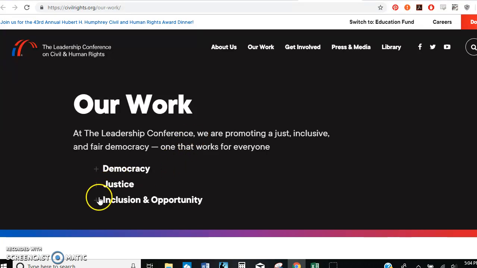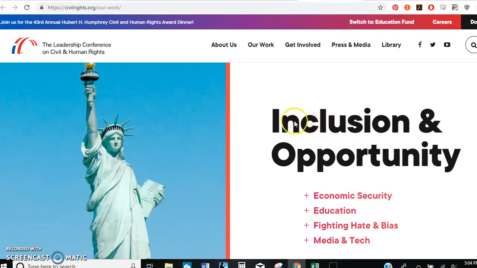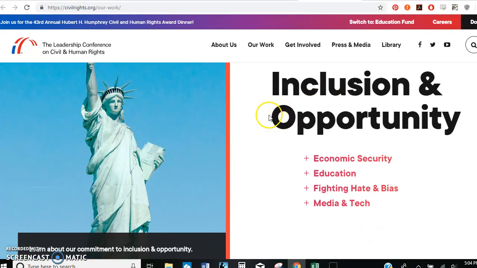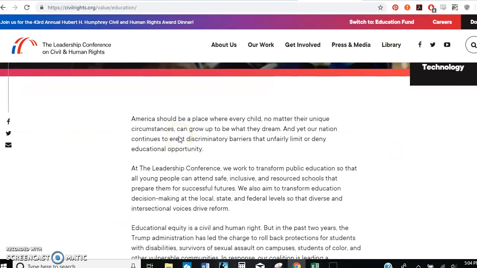So, for example, if you click on one of the subsections and look at inclusion and opportunity, what are they fighting on education? You go here to the education section, and they're focused on discriminatory barriers that unfairly limit or deny educational opportunity.